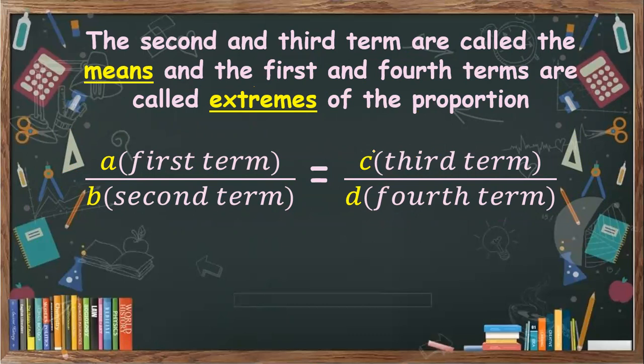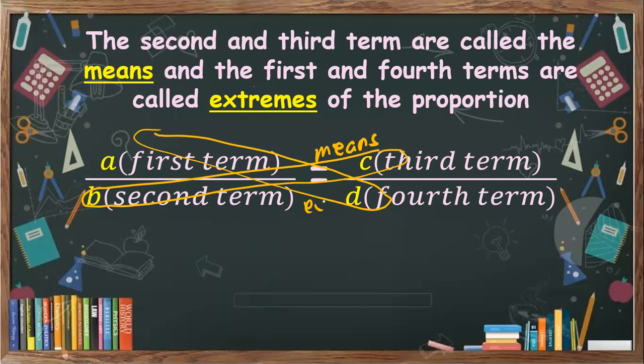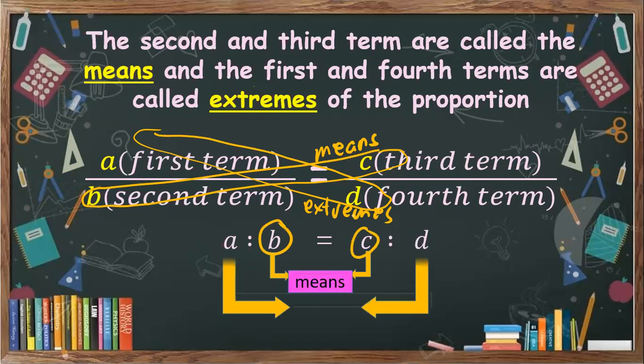This one is called the means, while this one is called the extremes. In symbols, B and C, the inner terms, are called the means, and the outer terms are called the extremes.